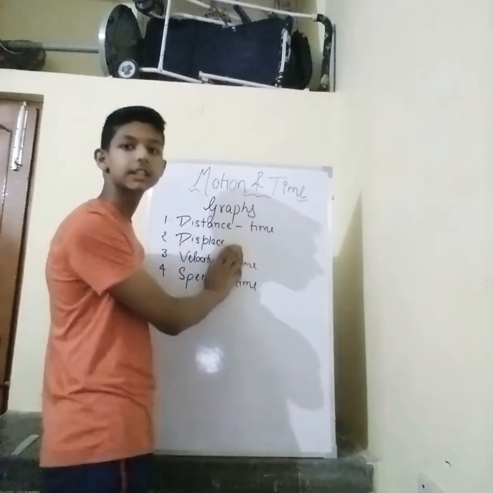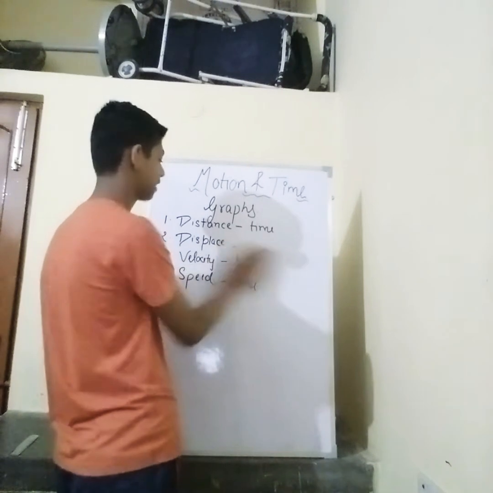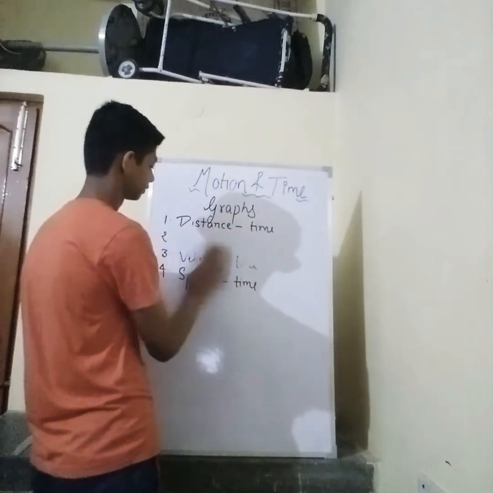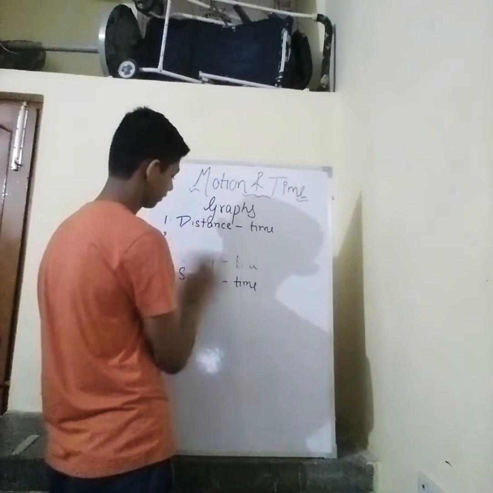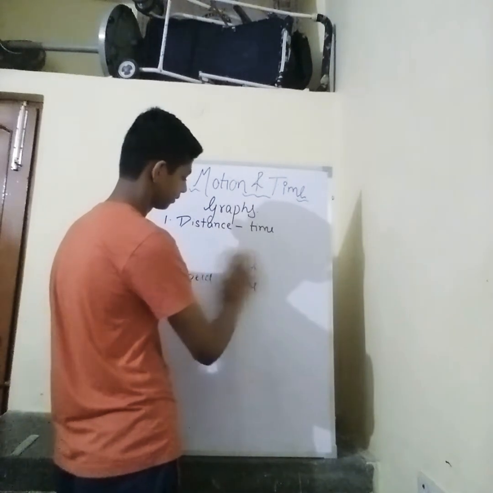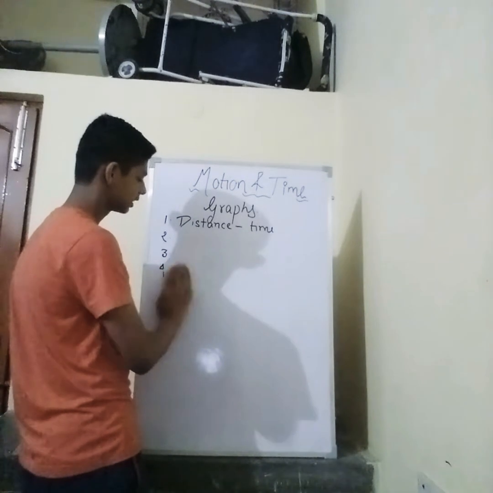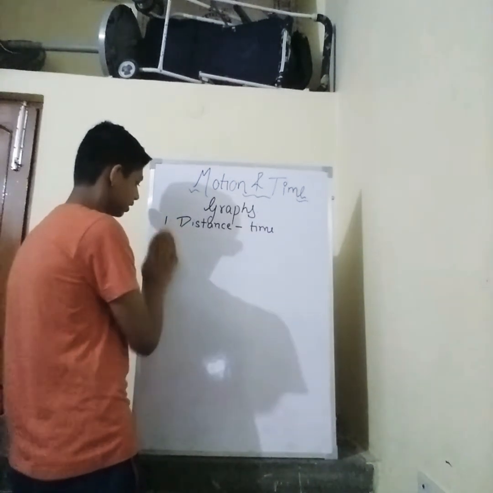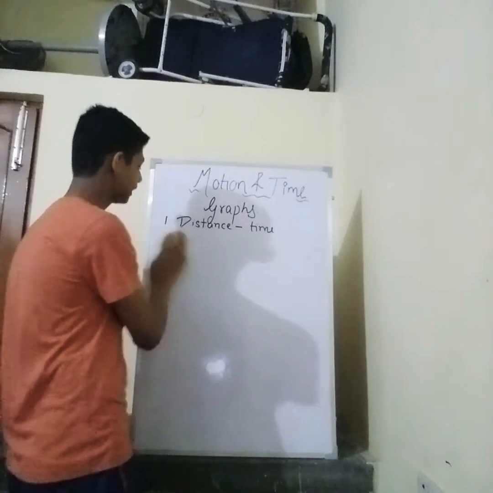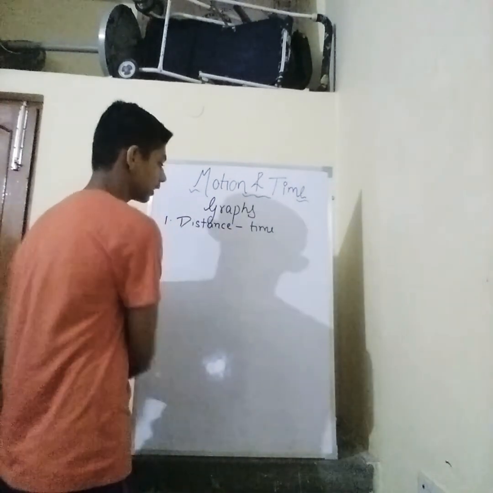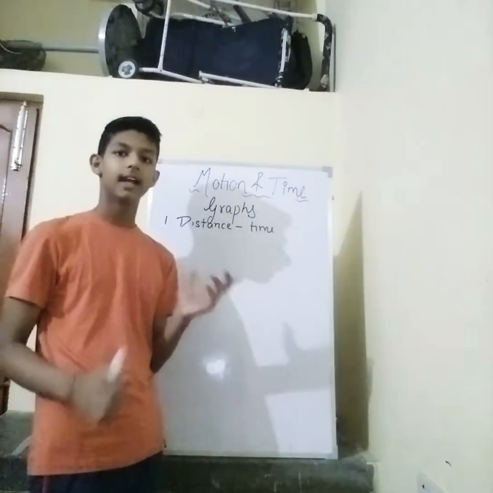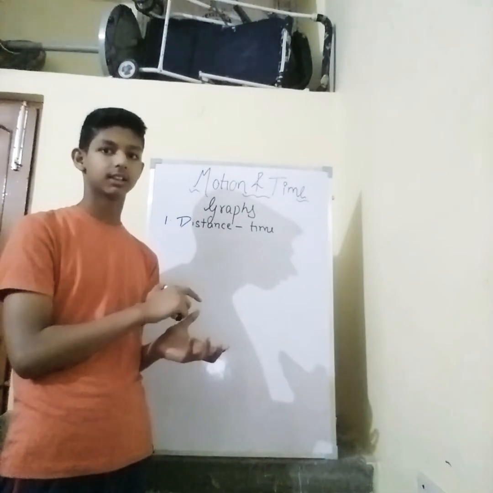Firstly, we will discuss the distance time graph. Mainly in graphs, we draw two perpendicular lines intersecting at a point and then choose the axes.